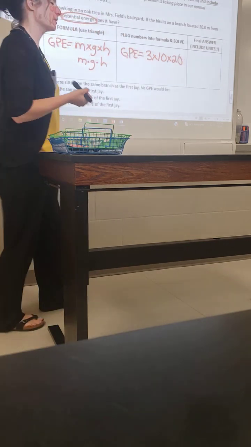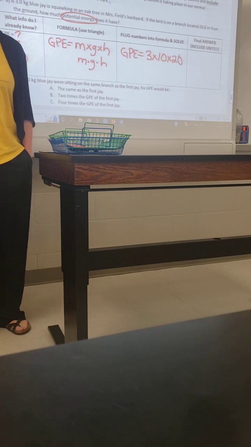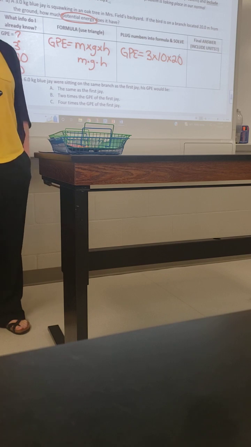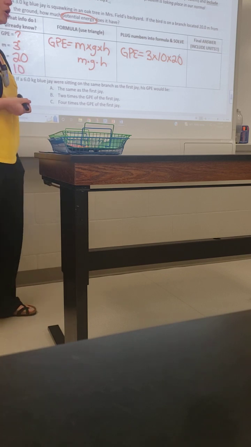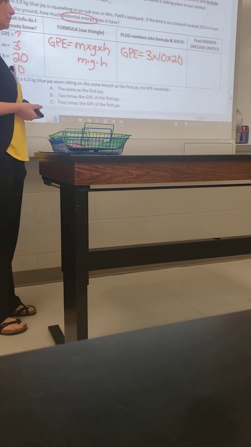You're welcome to put the 3.0 or the 20.0. If I needed the answer to the tenth, then you would definitely need to include it, but unless I'm specifically telling you that, you can leave it off. That's kind of your call, but it's just these calculation things. In a lab, I would be specific and tell you.